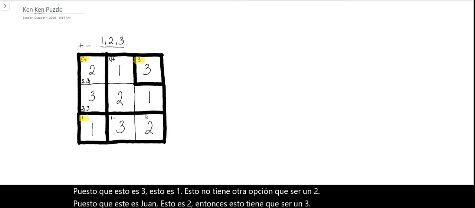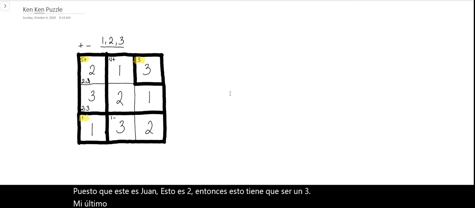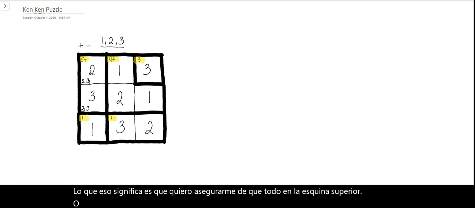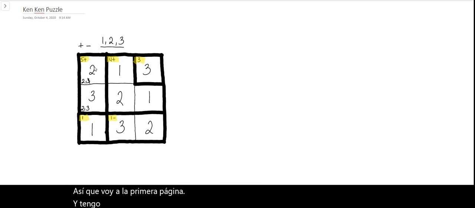My final step is to check all the pieces. What that means is I want to make sure that everything in the upper corner either adds up or subtracts based on the number that I placed in the individual cells. So I go to the first cage and I have to add the numbers to make 5. So 2 plus 3 makes 5.